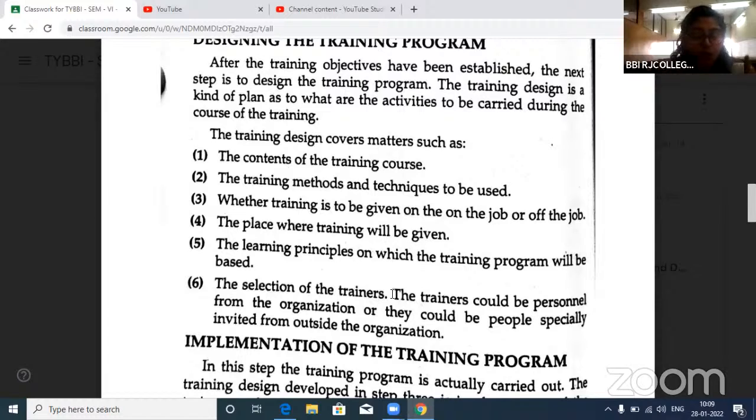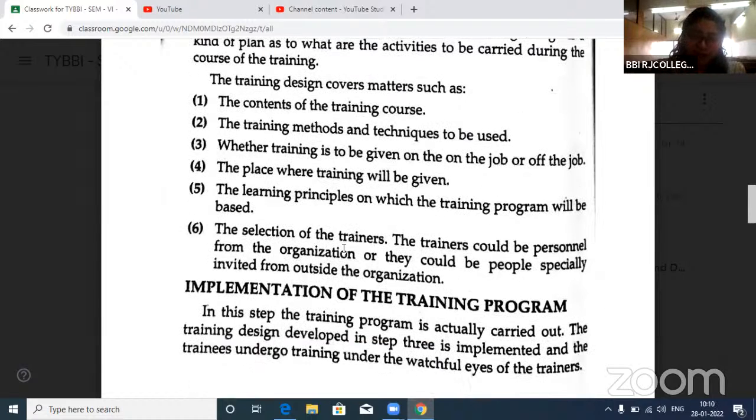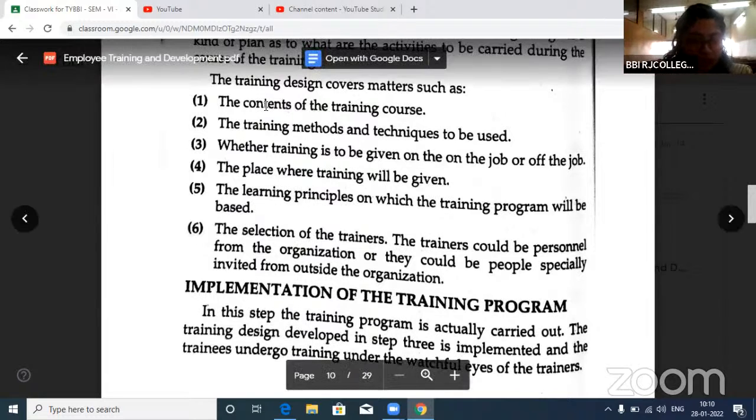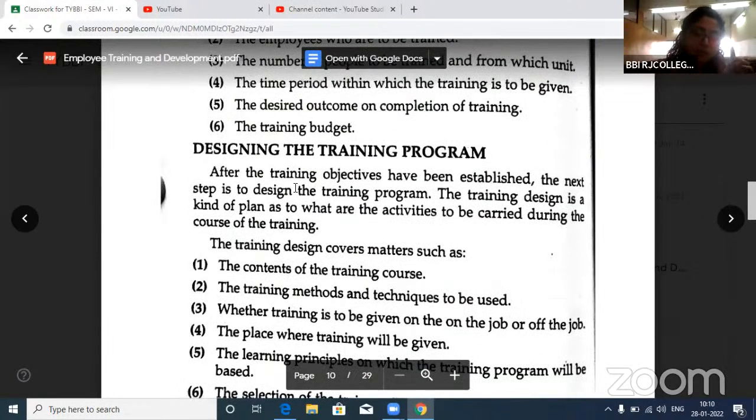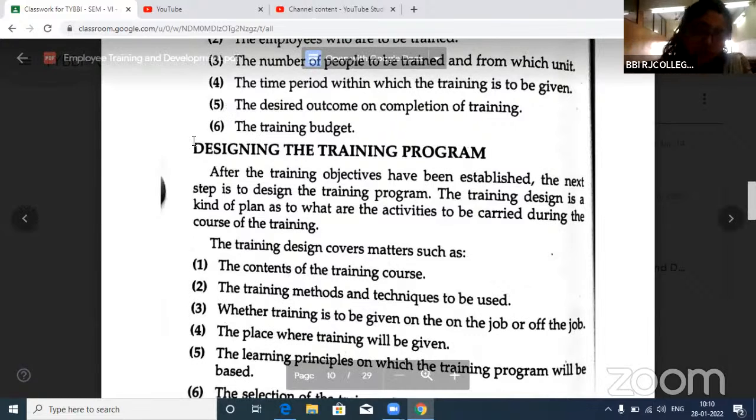That means who is capable to train our employees, who is expert. I need to appoint that particular expert so that they can train my employees. So appointing trainer, deciding place, deciding whether training has to be done on the job or off the job, methods, techniques, contents to be included in the program. These are the points you need to keep in mind when you design the training program.